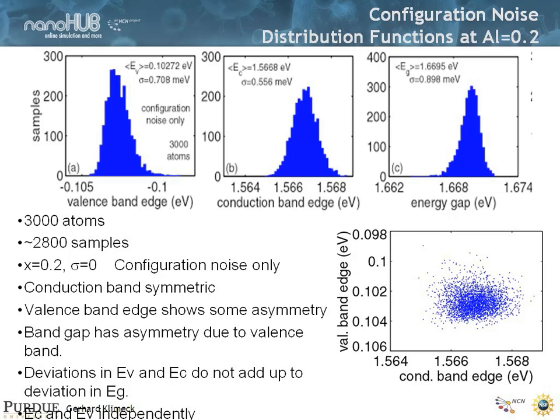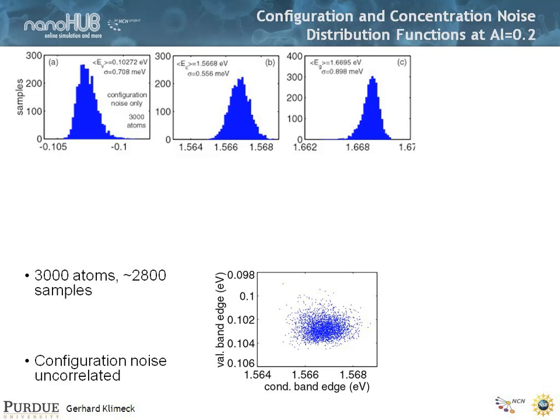And if you plot it in these dots here, for each of these 3,000 samples, so you see 3,000 dots here, you plotted the valence band edge and the conduction band edge, you get a round distribution. Right? That means they're not correlated. You couldn't lay a straight line through this anywhere where you say, okay, if the conduction band goes down, the valence band goes up, or something like that. There's no rule. Okay? So it looks like the configuration noise is uncorrelated.